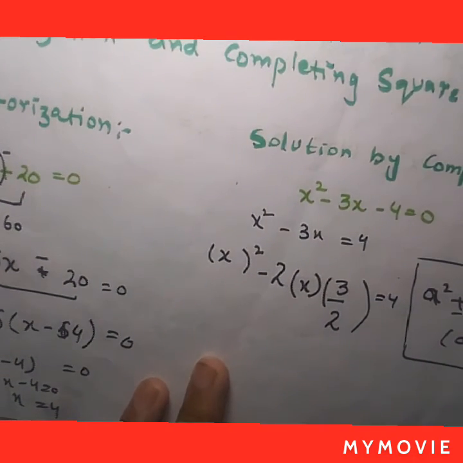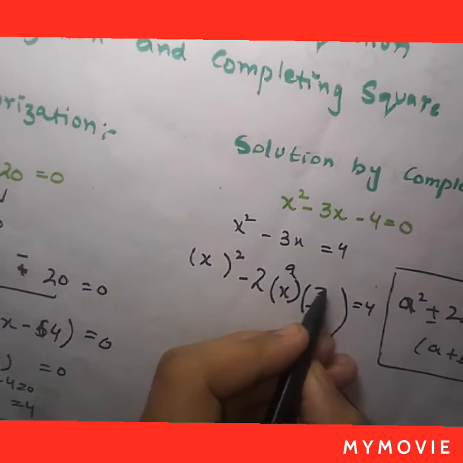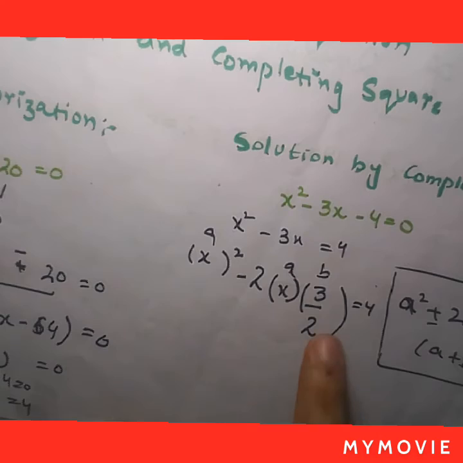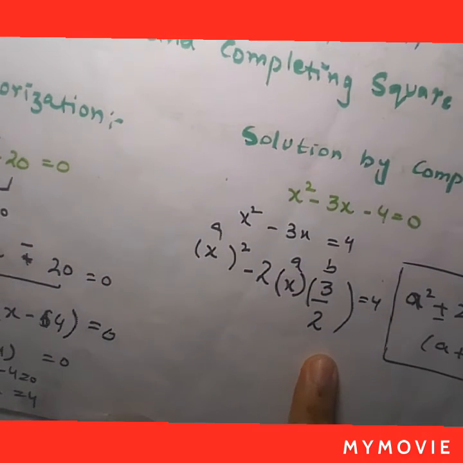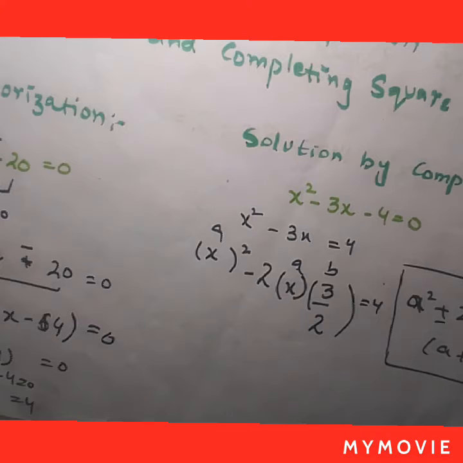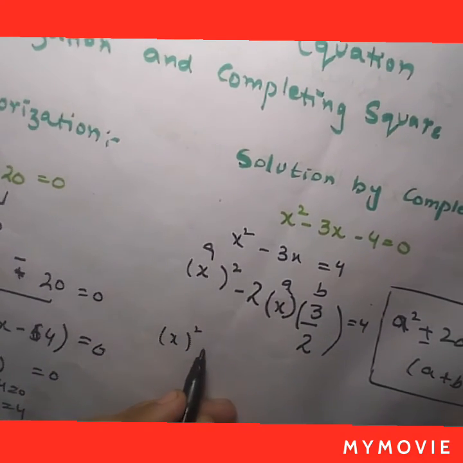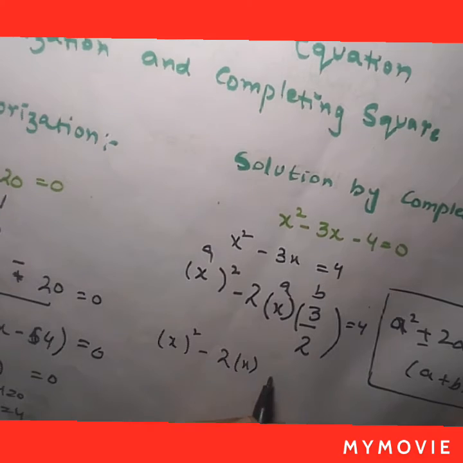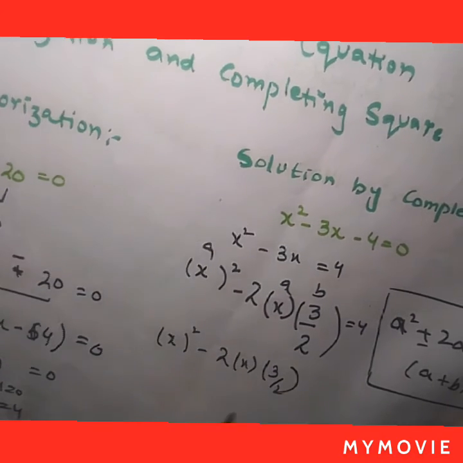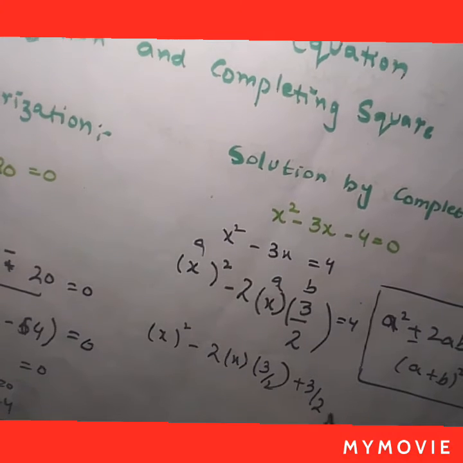The next step: in 2ab, b should be 3 by 2. If b is 3 by 2, then we have a plus b square, and we have completing the square. That's why I am adding and subtracting the same amount to the whole equation, or you can add (3 by 2) square to both sides.